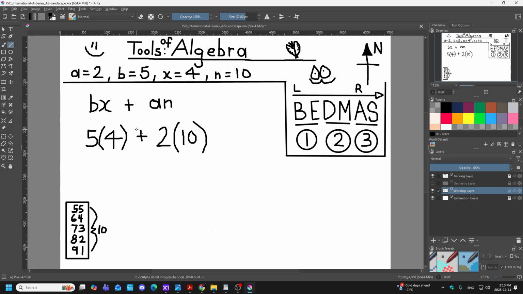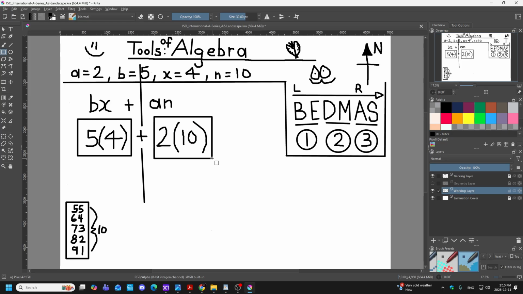Now, here's a tip. This addition symbol, that's our very final step, right? Correct, guys and gals? In BEDMAS here. Our final step is addition and subtraction. So we can look at these as a left-hand side and a right-hand side, or a left side neighborhood and a right side neighborhood, however you want to look at it.